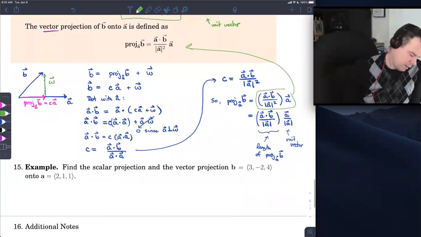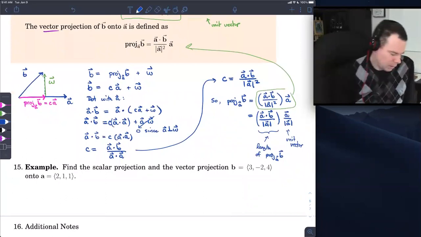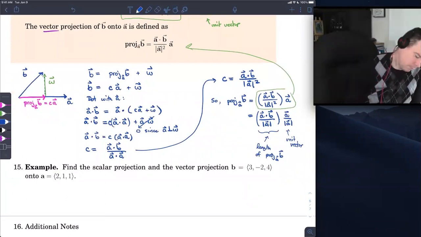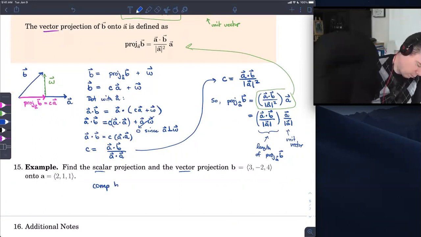Okay, so let's find the scalar projection of B onto A for these particular vectors. So we want to find both the scalar and the vector. So we'll go for the scalar first. The component of B in the direction of A is A dot B over the magnitude of A. A dot B is 6 minus 2 plus 4.